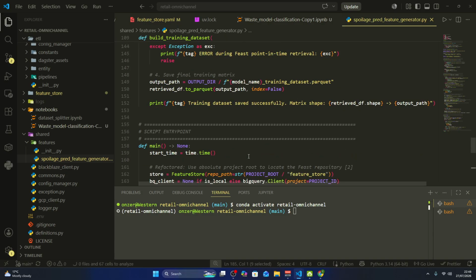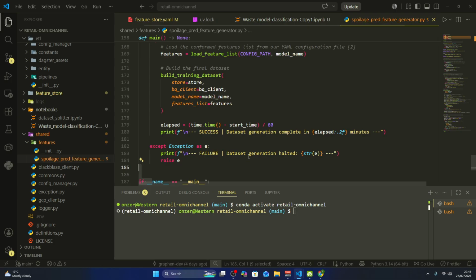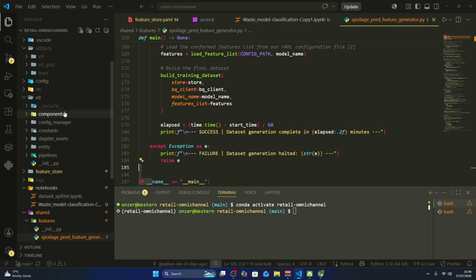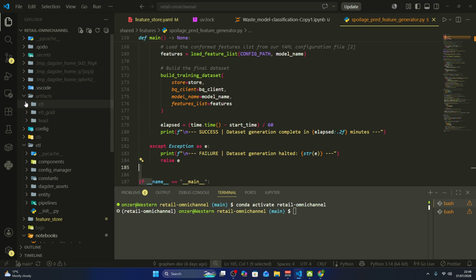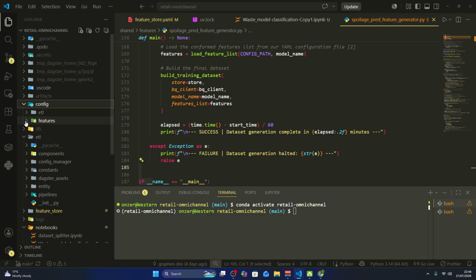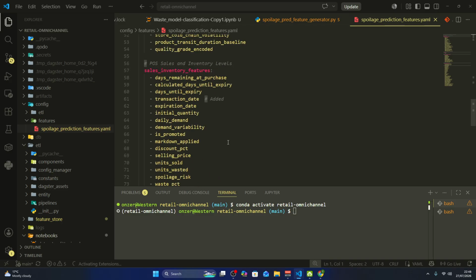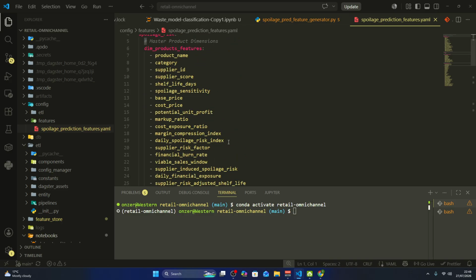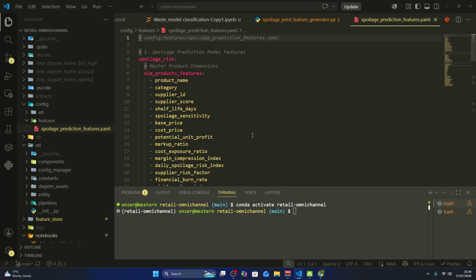But this is the file that will enable us to generate all the features that we need. Under the spoilage prediction features, I think I created the config file. Under the config file features, we have the YAML file, and the YAML file documents or lists all the features that will be required for this model.